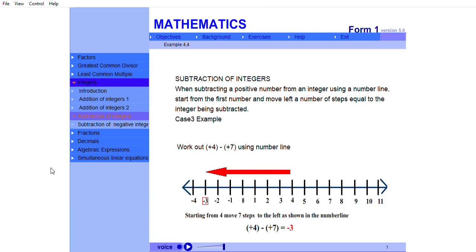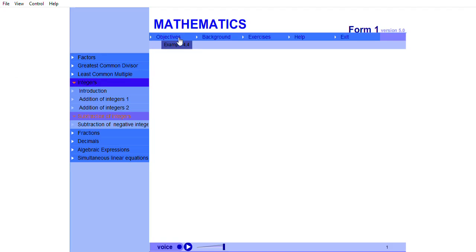Example: work out (+4) minus (+7) using a number line. Starting from 4, move 7 steps to the left as shown on the number line. (+4) minus (+7) is equal to -3.